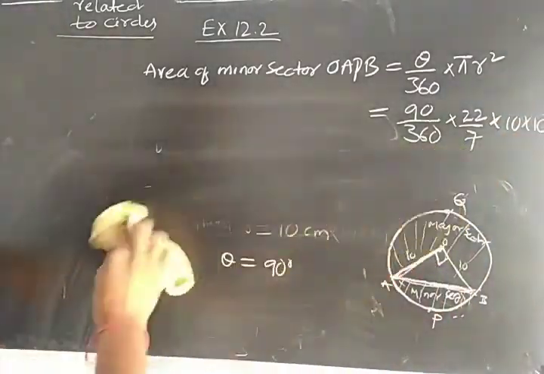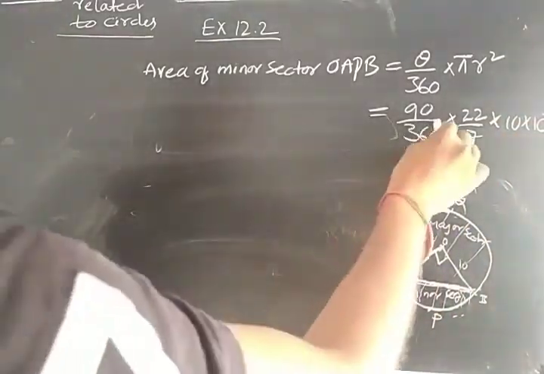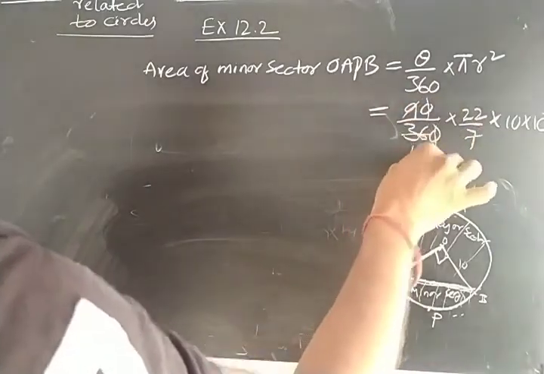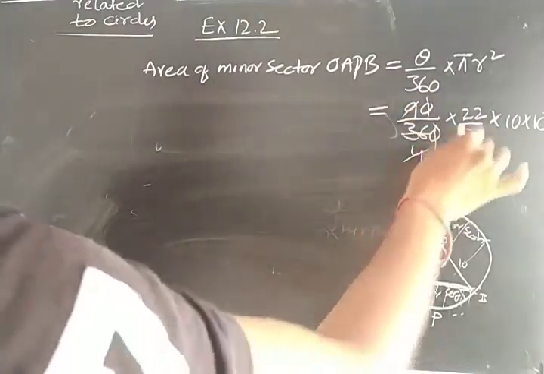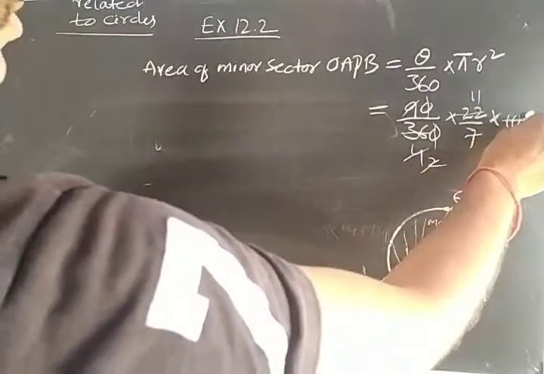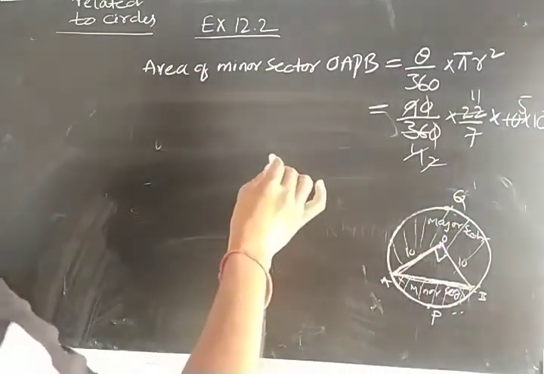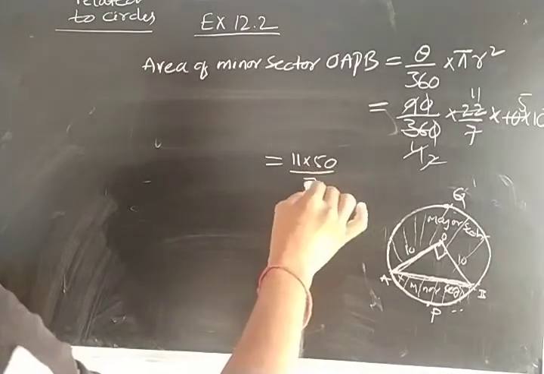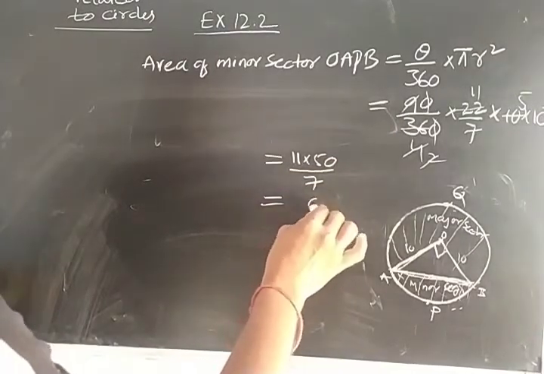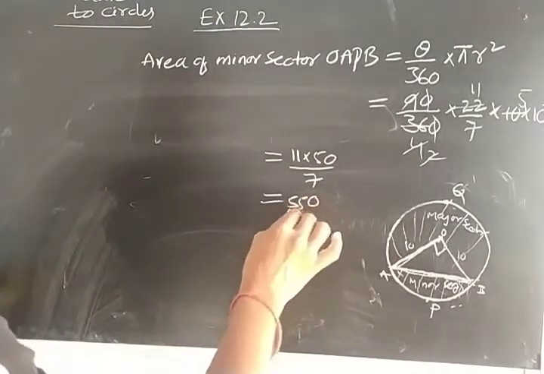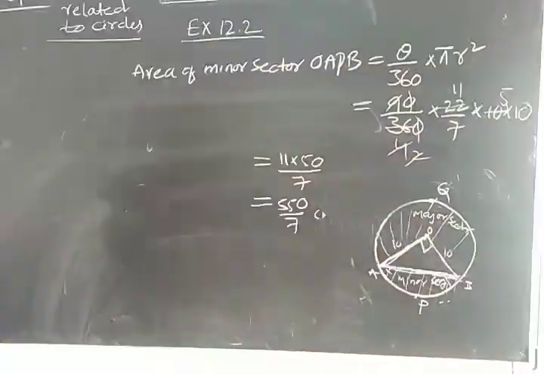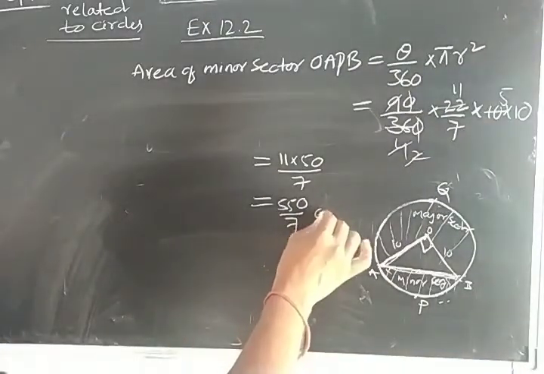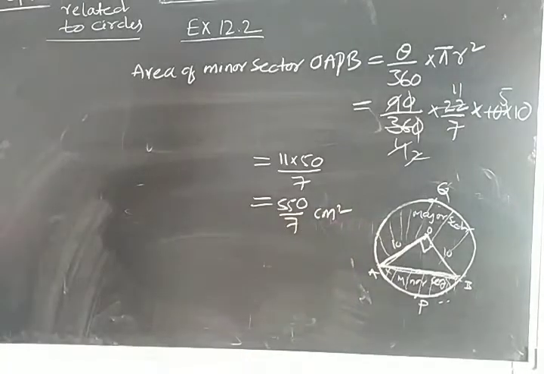Now the zeros, 9 4s are 36, 2 11s are 22, 2 5s are 10. That equals 11 into 50 by 7. So 550 by 7 centimeter square is the minor sector area. Right?